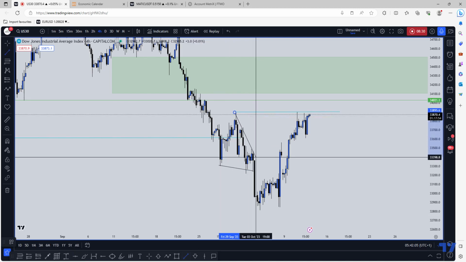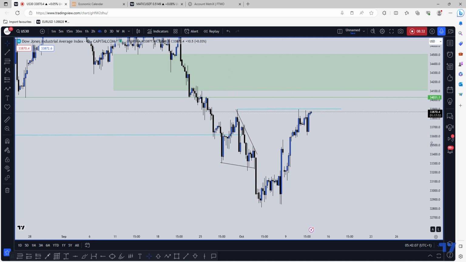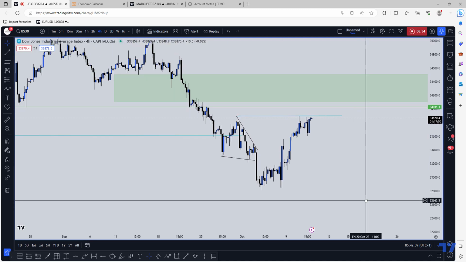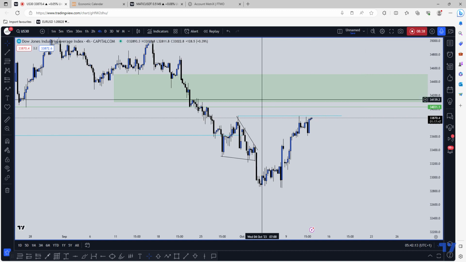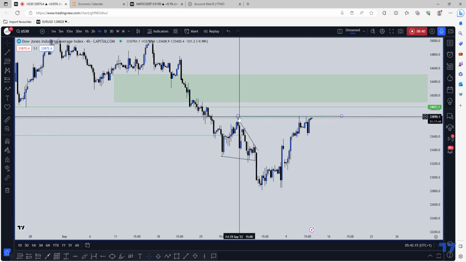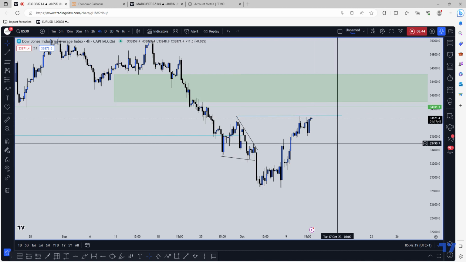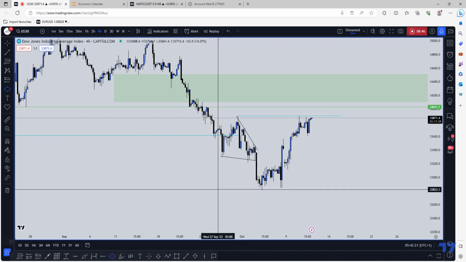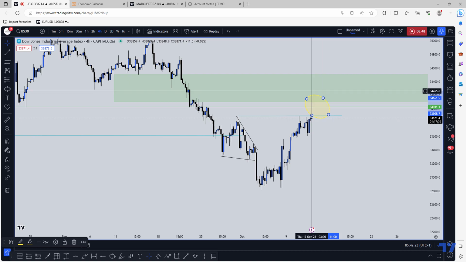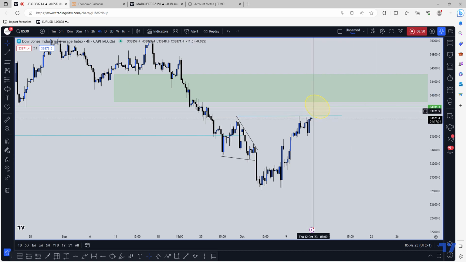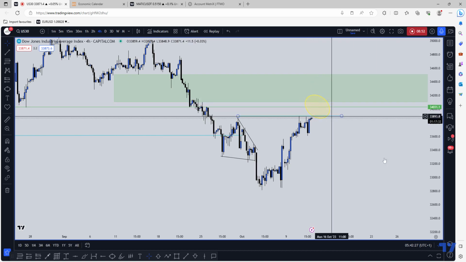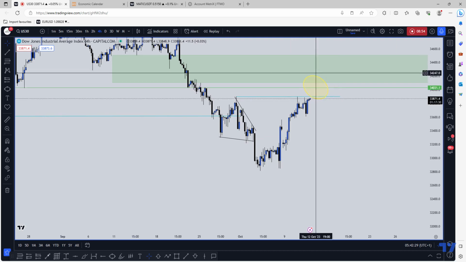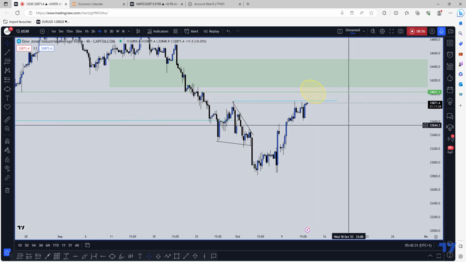So before I look for bearish continuations to the downside, which match my higher time frame analysis, my higher time frame order flow, I want to see this high right here get taken out. Then I'll be happy to look for a move to the downside. So anywhere inside of this area right here, between about 34k to 34,200 is where I want to be looking for a short on the lower time frames.